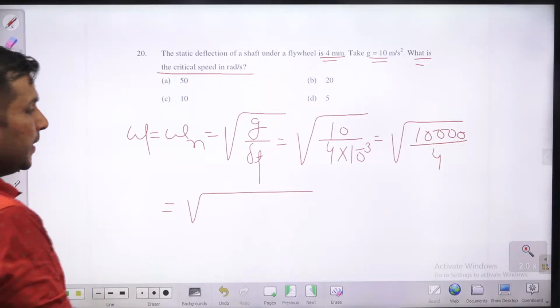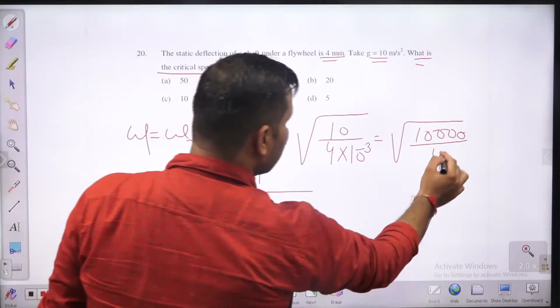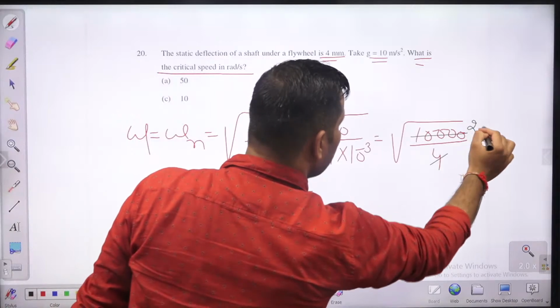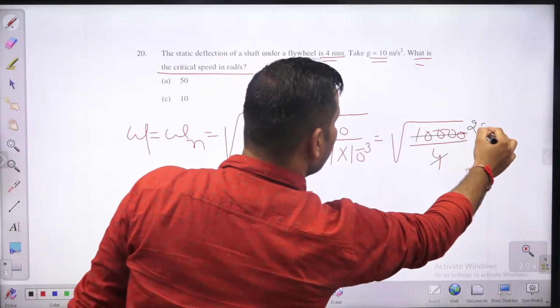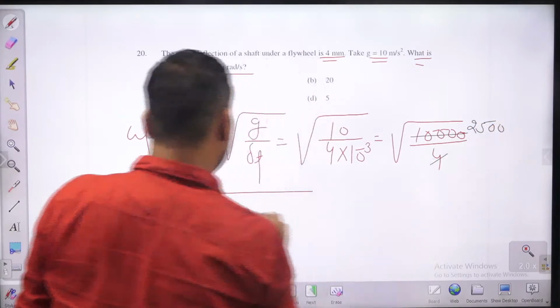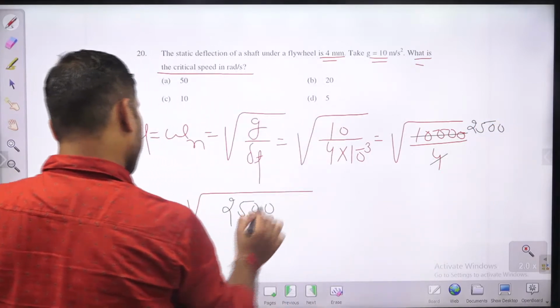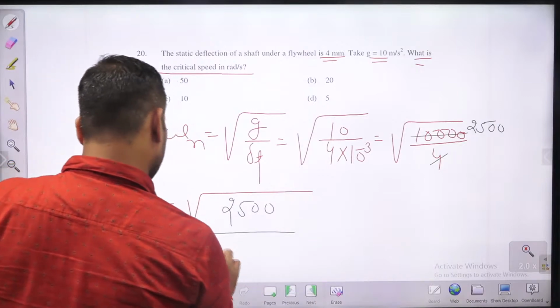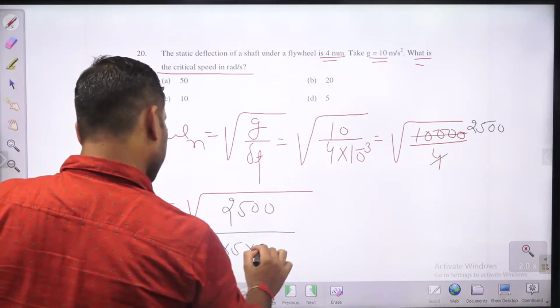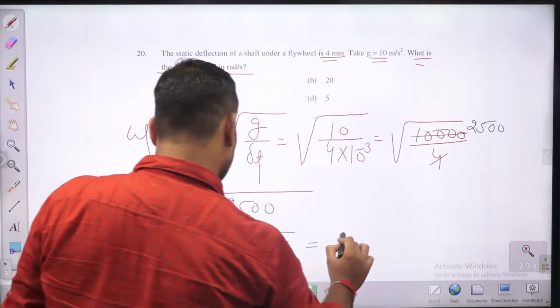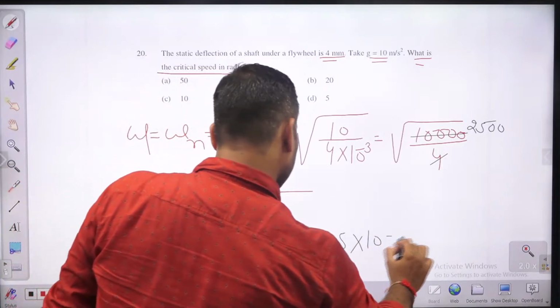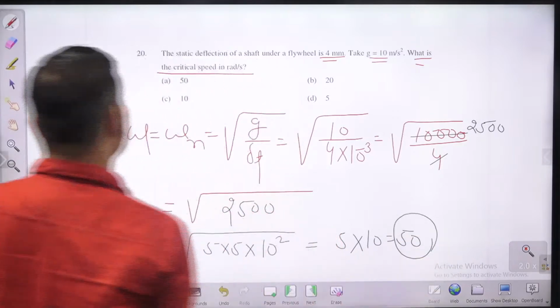Okay. Yes. So 10,000 divided by 4 is 2500, and its square root is 50. 50 will be the answer for this question, guys.